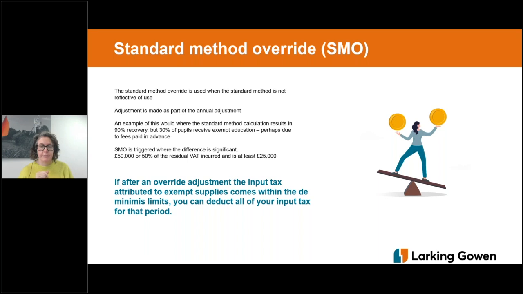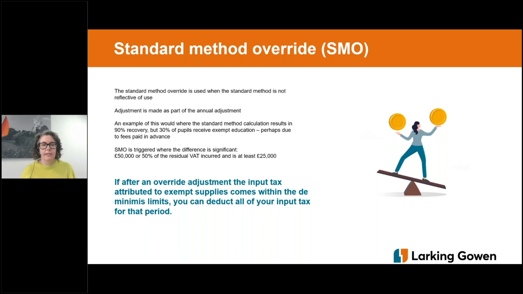Is that it? Sadly not, because the last thing we need to be thinking about is the standard method override. This is an anti-avoidance or anti-abuse mechanism that will apply because that crude mechanism of using income as a proxy for establishing how much taxable use there is of cost doesn't always reflect the actual use of an item.